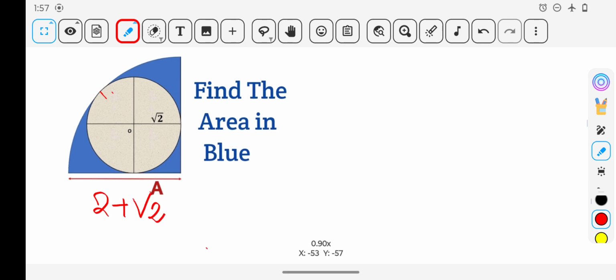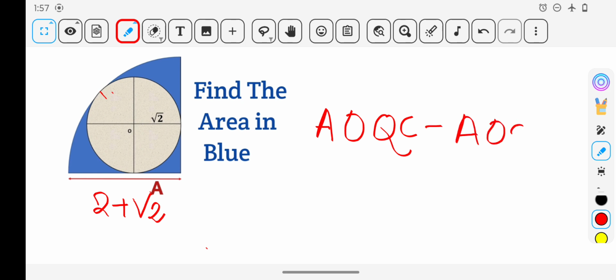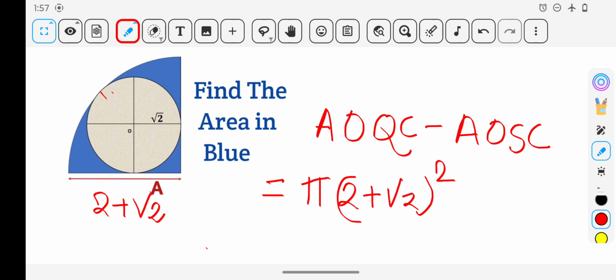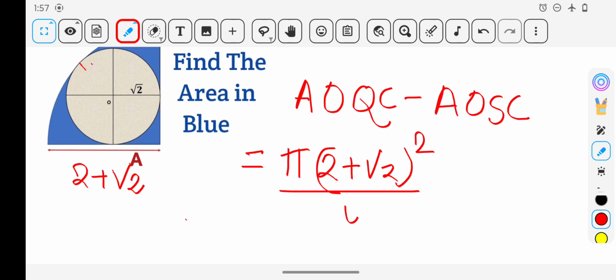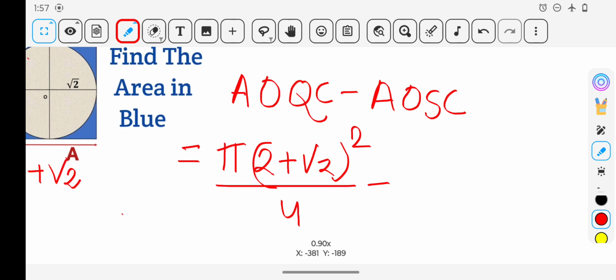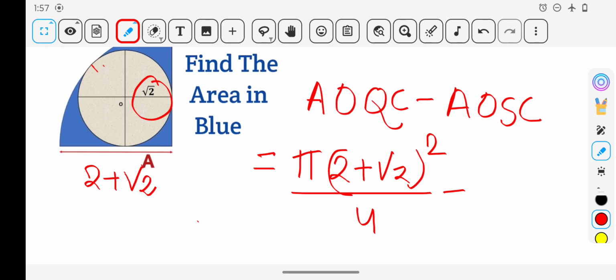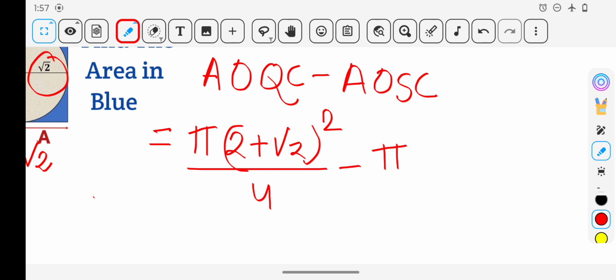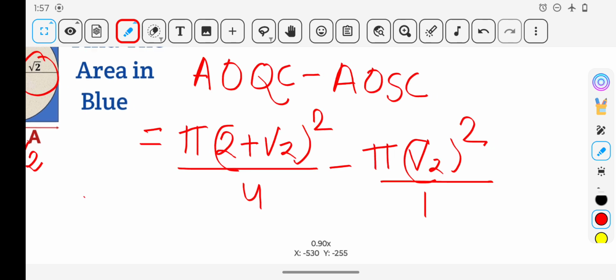The area of the quarter circle equals pi times the radius, 2 plus √2, whole square, divided by 4, minus the area of the smaller circle, pi r square, that is pi times √2 square, divided by 1. Let's write it in that way.